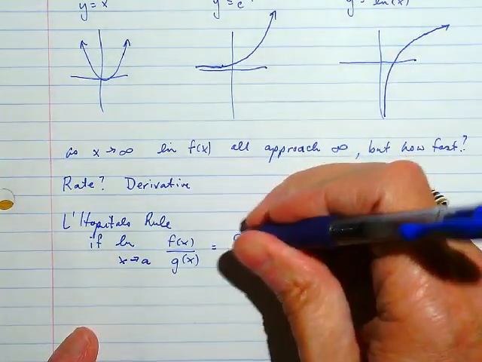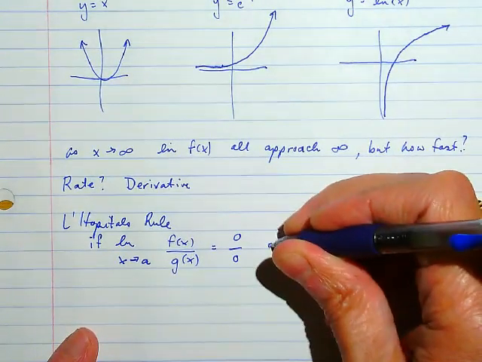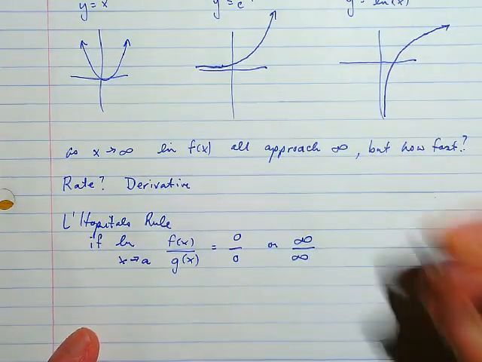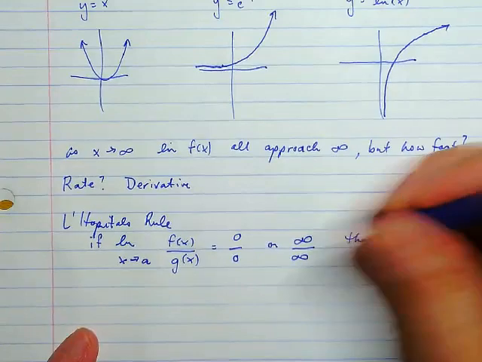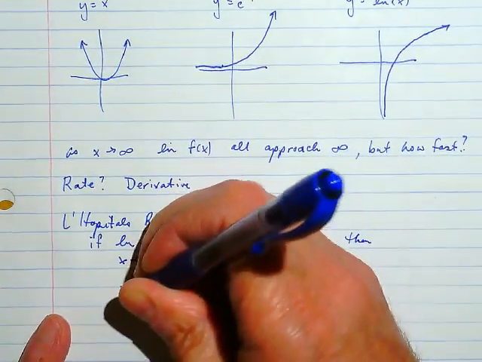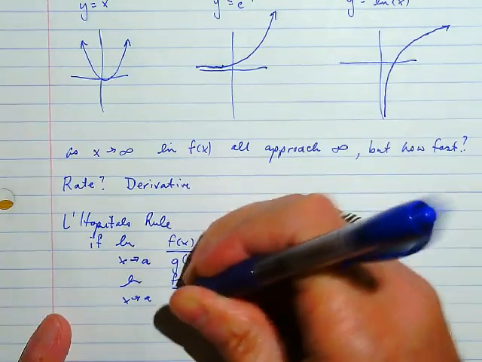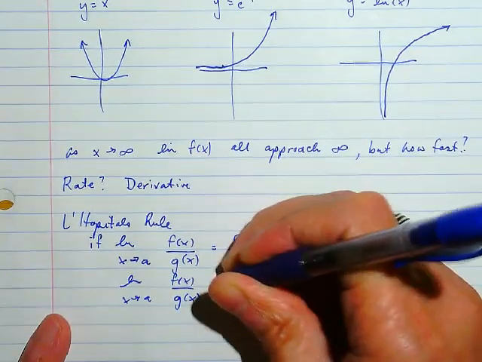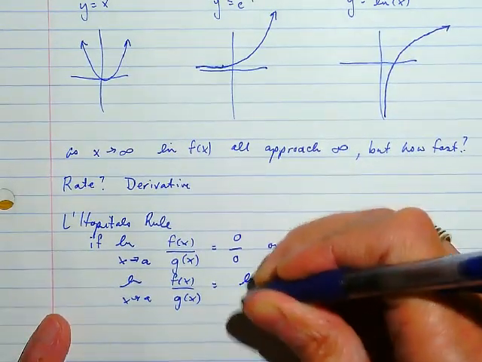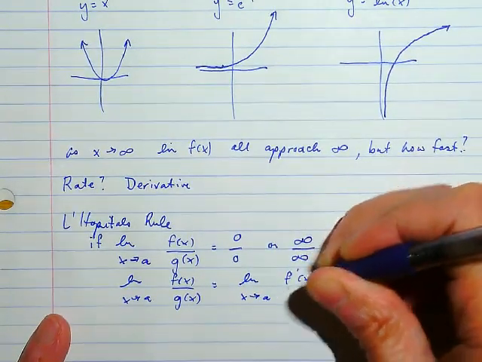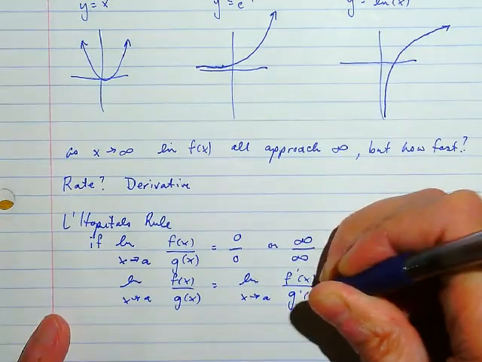Well, if that equals 0 over 0 or infinity over infinity, then the limit as x approaches a of f of x over g of x, our same ratio, is equal to the limit as x approaches a of f prime of x over g prime of x.